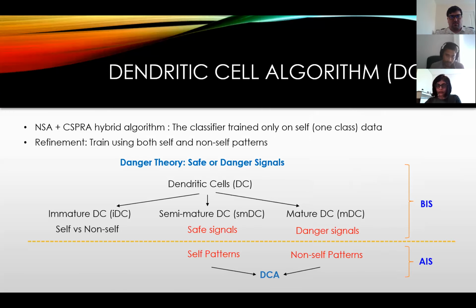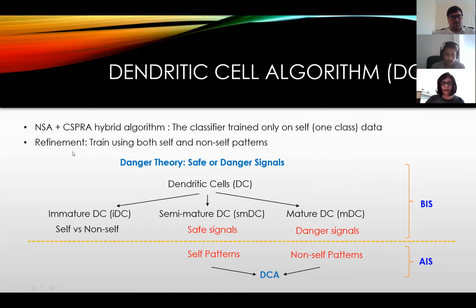Now, the CSP-RA algorithm uses only self patterns, but we can further refine this algorithm by also using non-self patterns. One of the problems with this hybrid algorithm of NSA and CSP-RA is that the classifier is trained with only one class, that is the self class.